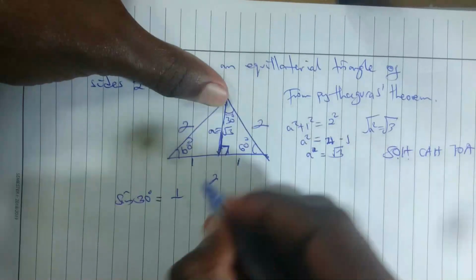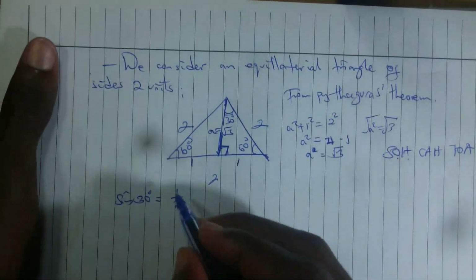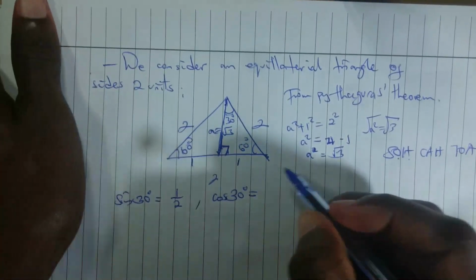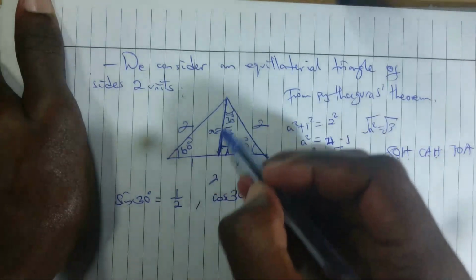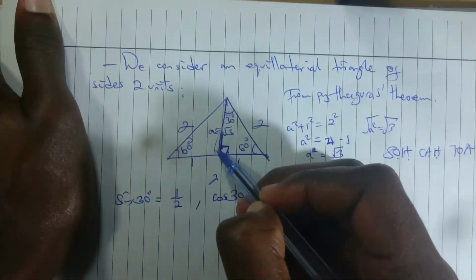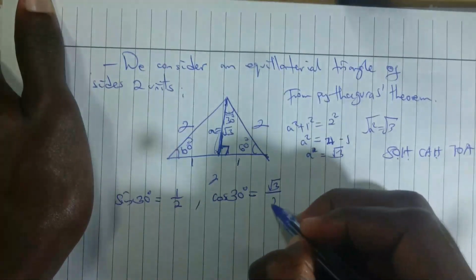Hypotenuse is that, which is 2. I explained that earlier. Then cos of 30 degrees is adjacent over hypotenuse. Since 30 is here, the adjacent side is root 3, over the hypotenuse, which is 2.